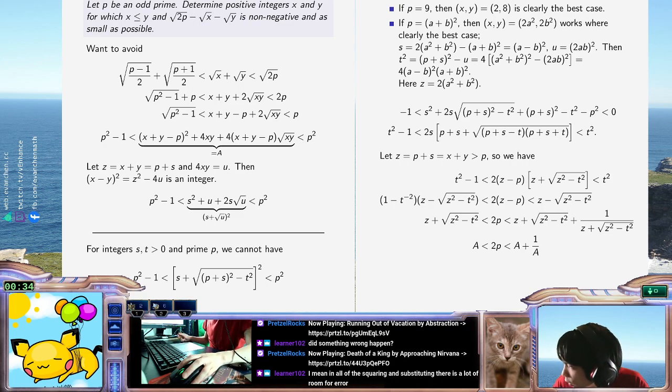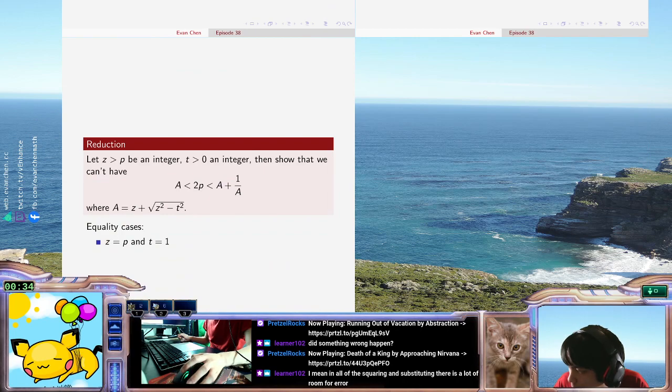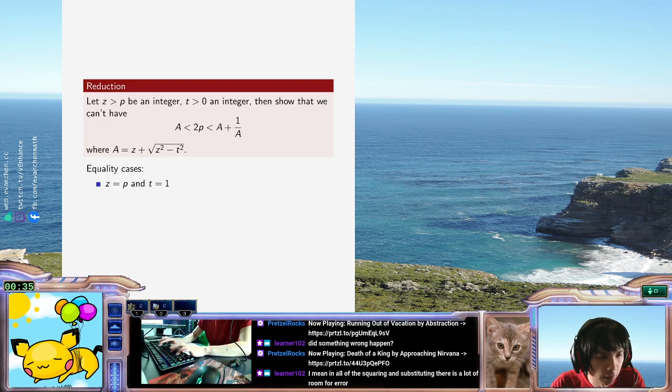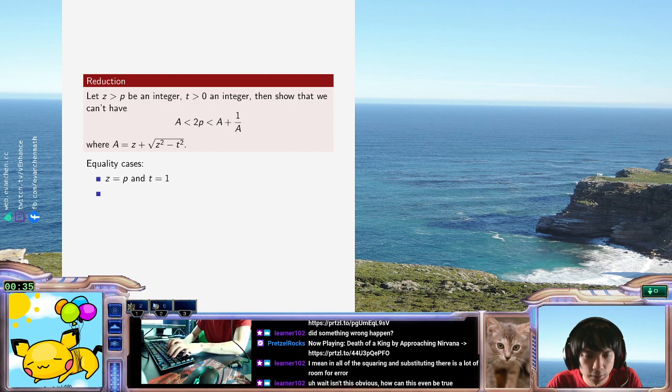So z equals p and t equals 1. In that case, this should be... Oh, maybe it's okay. Oh, it's actually okay. Okay. Z equals P and T equals 1 is an equality case. And also we saw z equals p equals a squared plus b squared, z equals 2a squared plus b squared.